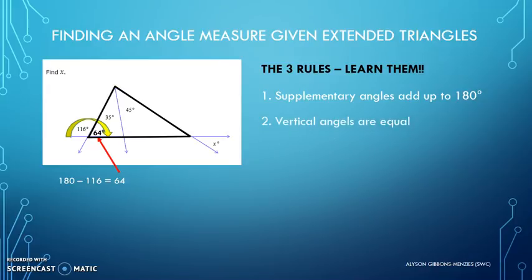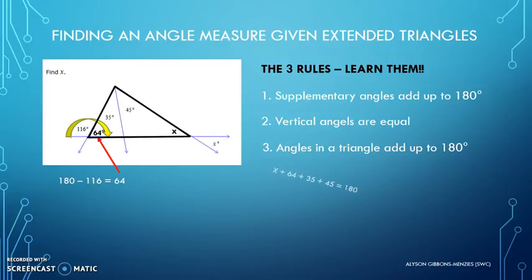The second rule that we've already seen is that vertical angles are equal. So if this angle is x, the vertical angle is also x. And finally, the third rule is that angles in a triangle always add up to 180 degrees.